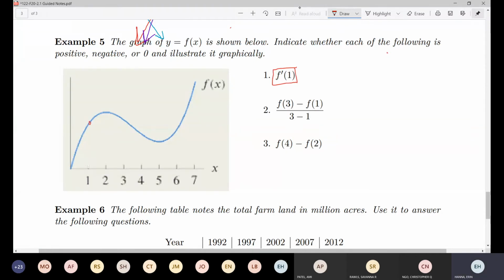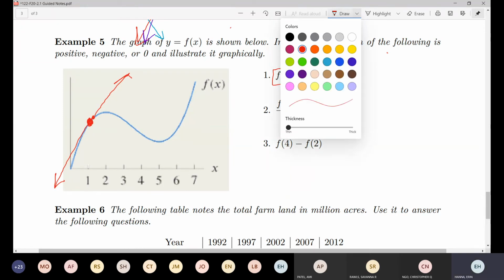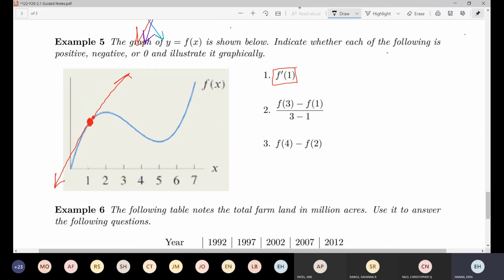So we go up to the function at x equals 1, pick a point that's obnoxiously close to it, and draw the line between them. Is the slope of that line positive, negative, or approximately 0? We'll have positive there.